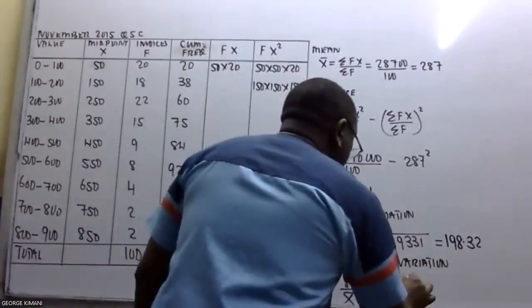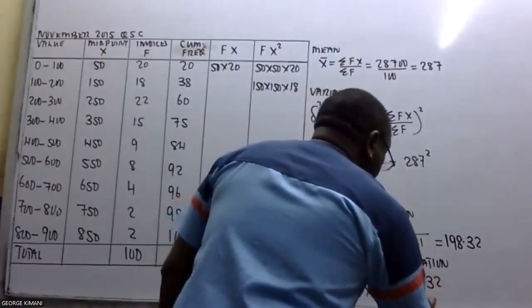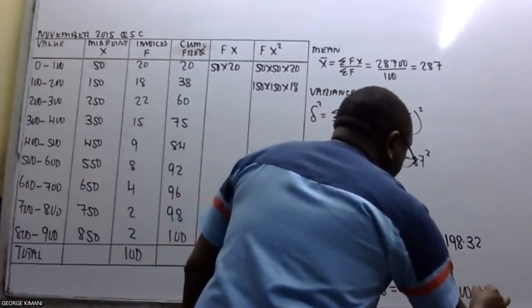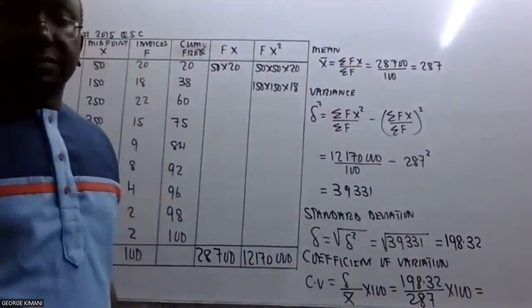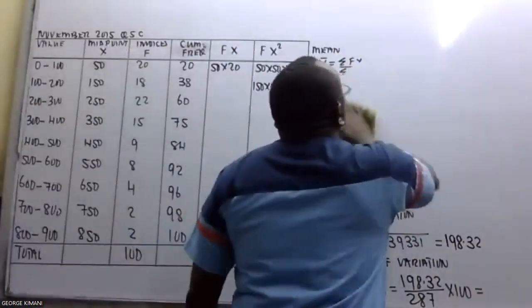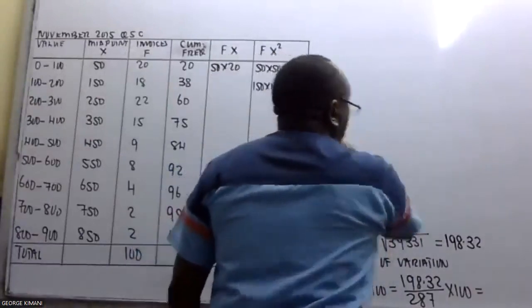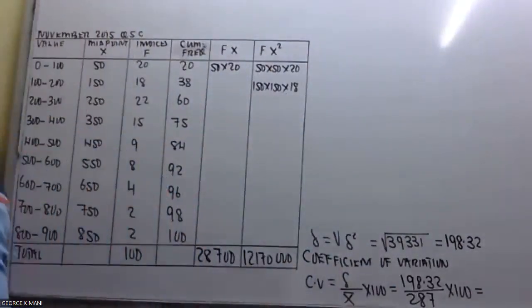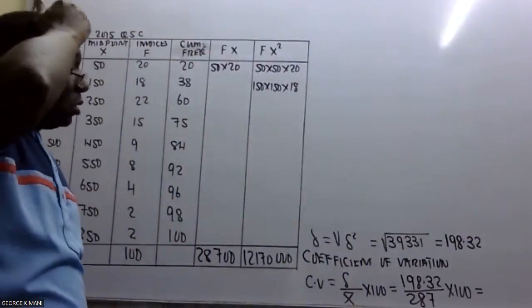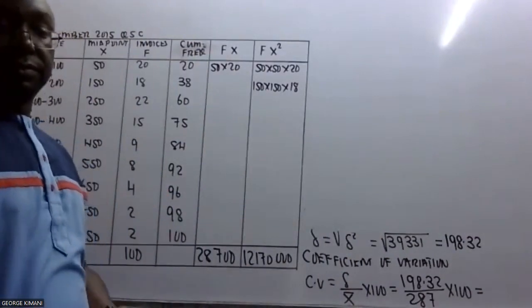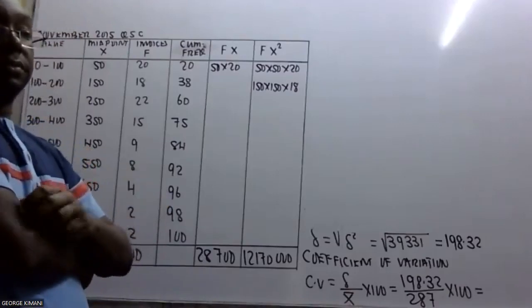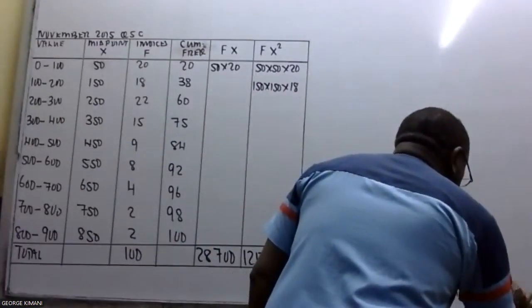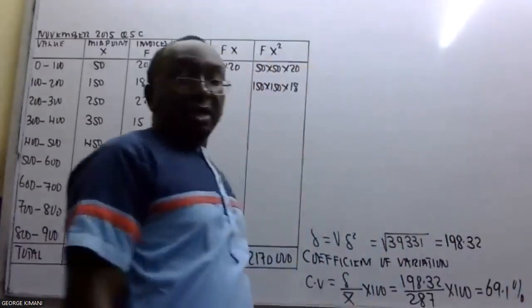So the standard deviation is 198.32, the mean is 287, multiplied by 100. That gives 69.1%.